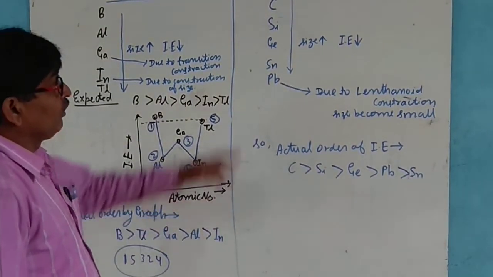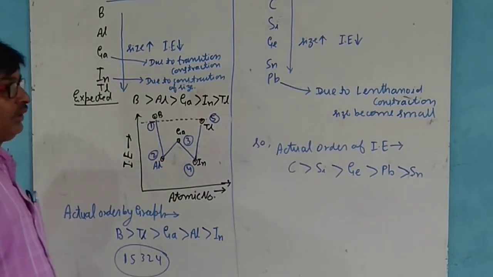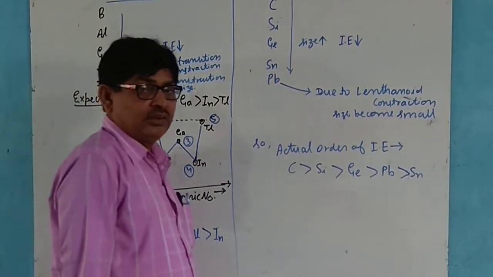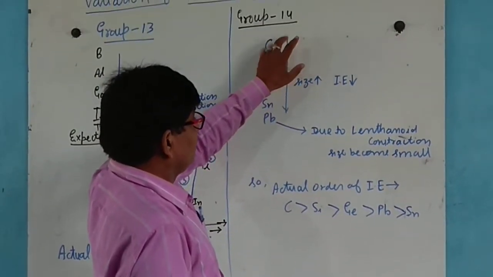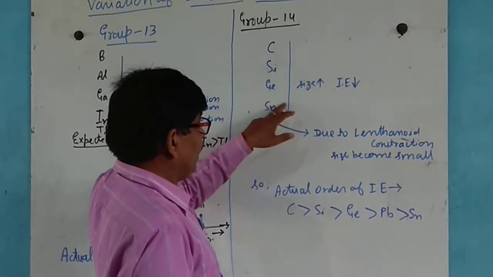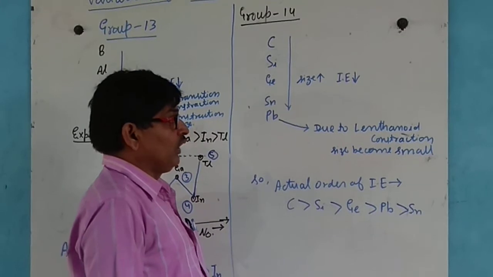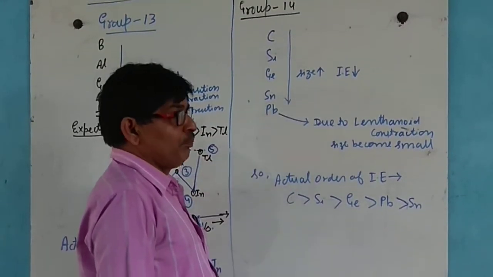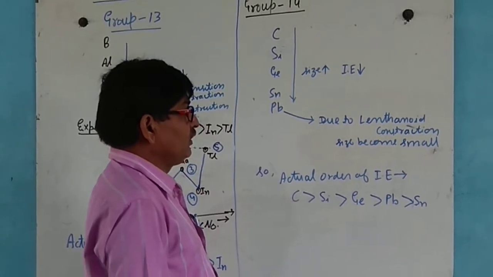Now in group 14: carbon, silicon, germanium, tin and lead. Top to downward size increases, so ionization energy also decreases.